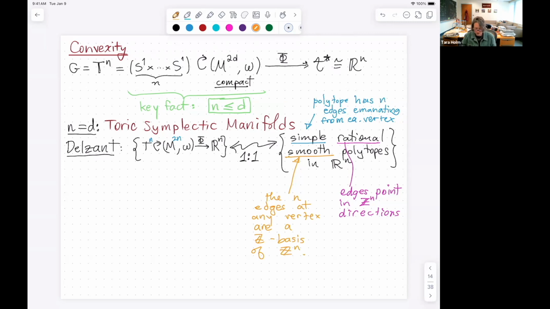Okay, so this is a very special class of polytopes in R^n. And I should also say for this theorem, this is a one-to-one correspondence up to, I have to say what up to is. So over here, this is up to equivariant symplectomorphism.